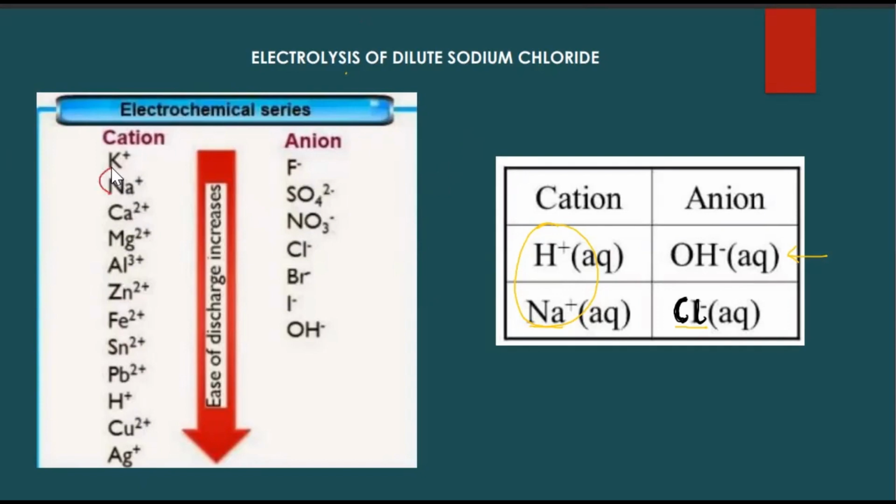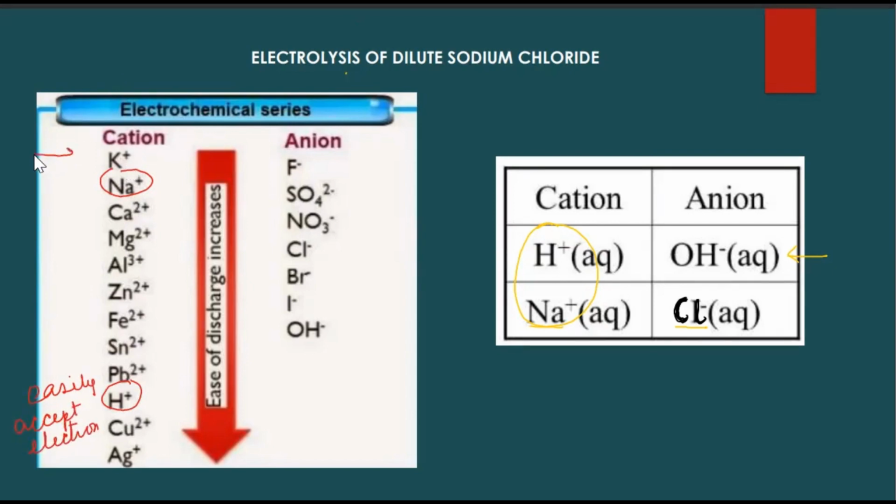The position of the sodium ion is much above the position of the hydrogen ion. As the arrow says, the one which is lower down in the electrochemical series will be discharged. Ease of discharge is downward, because when you talk about cations, the one at the bottom can easily accept electrons.